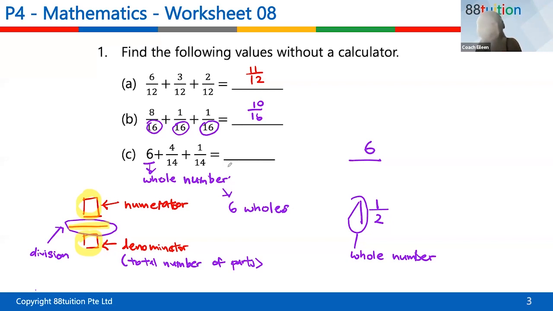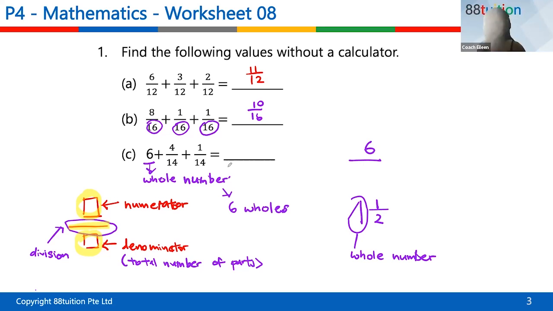When I add both of them up, what do I get? 4/14 and 1/14. 5/14. Correct. So I actually have 5/14.